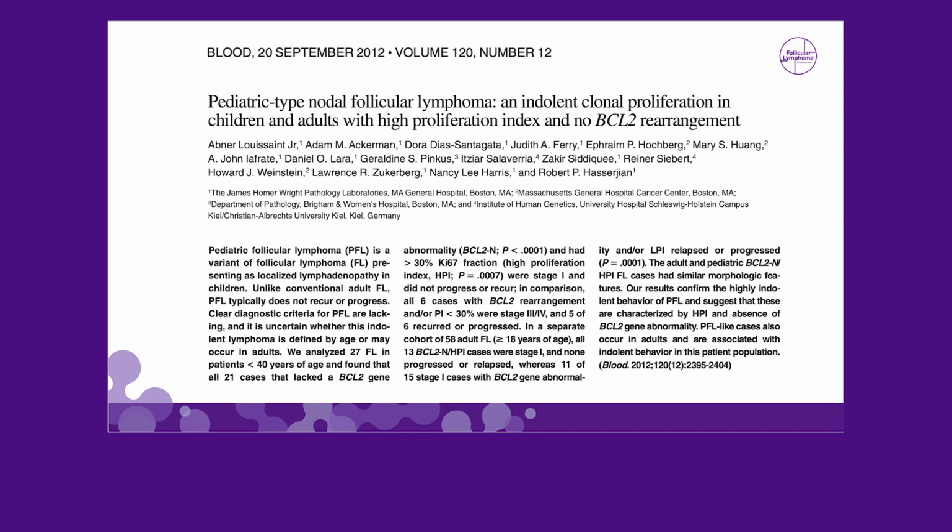And the last two slides, as a pediatrician, I want to mention a variant of follicular lymphoma, which is the pediatric type nodal follicular lymphoma. We find it in children, in young adults, but it can be identified in people 40 years of age and older.